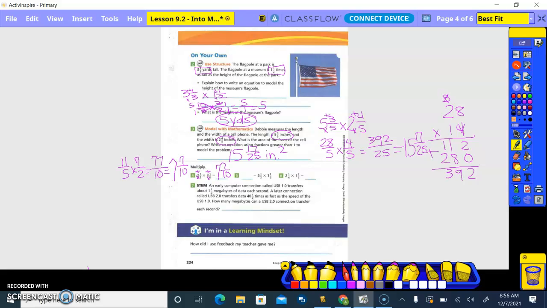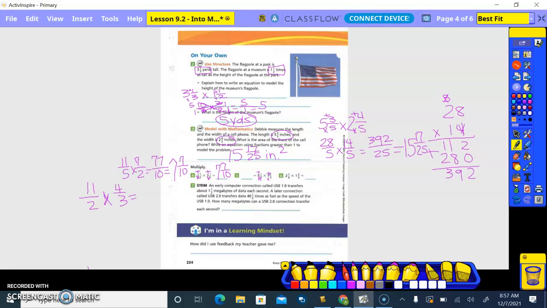Okay, and I'm going to work over to the side because I can't get that small. Okay? All right. So multiplication plus sign. So work around the clock, starting at the bottom. 2 times 5 is 10, plus 1 is 11. So 11 halves, and then 3 times 1 is 3, plus 1 is 4/3.